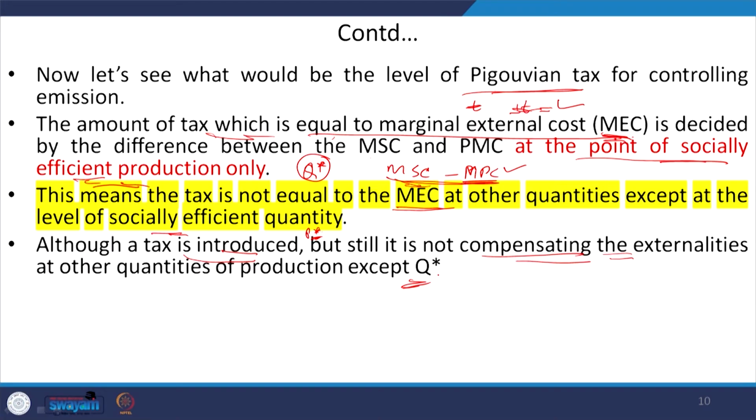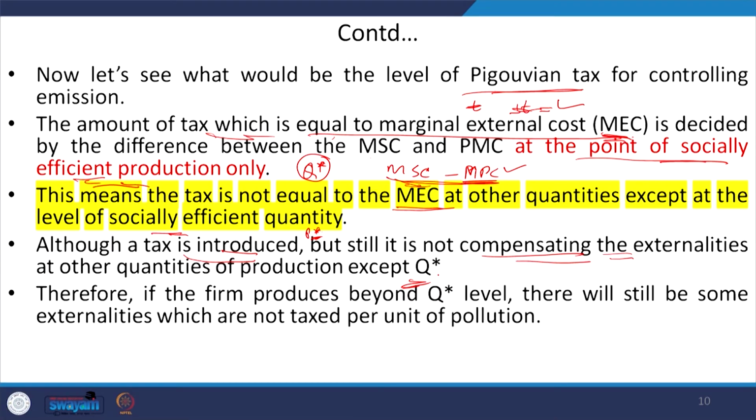Okay. So, therefore, what we are saying is that if the firm is producing beyond Q star, that is the optimum level of externalities, then there will be some kind of externalities still present, right, which are not going to be taxed if you are following the per unit tax for pollution.